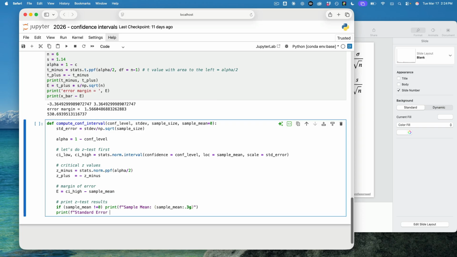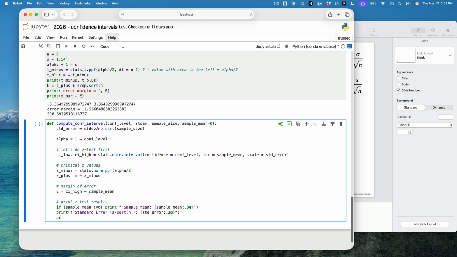standard error. So that's s over square root of n. Okay, s or sigma over square root of n. And that will be standard error. Standard error. And also let's put 3 figures here. Close this. And then also let's print which confidence interval we're doing. Confidence level, to confirm what confidence level we have.